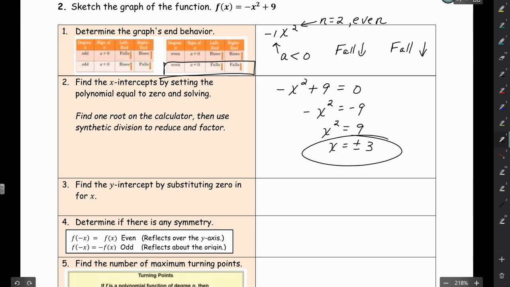All right, so we know we have x-intercepts at ±3. Same process again for finding the y-intercept. We're going to replace x with 0 everywhere in the polynomial.